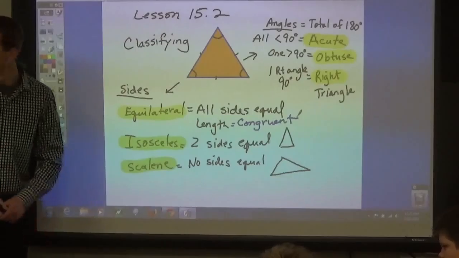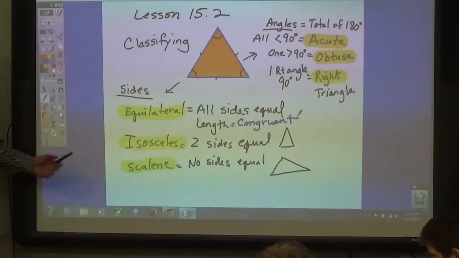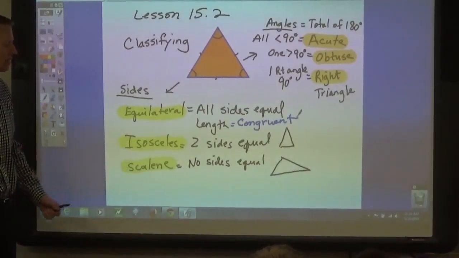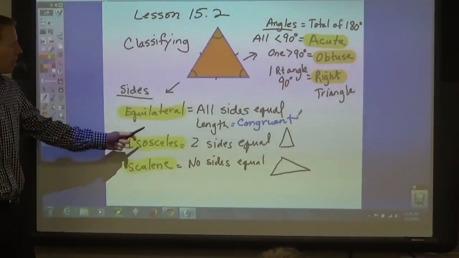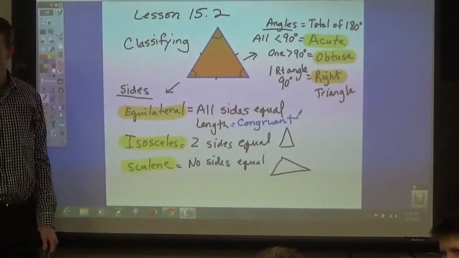Okay? Alright, in your worksheet, you're going to be classifying the angles and finding angle measures and telling what kind of triangle it is. Is it an obtuse isosceles triangle?